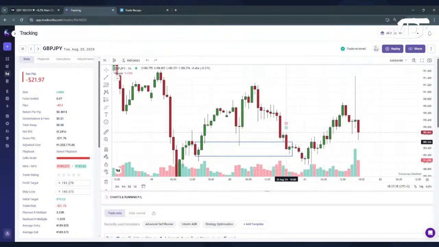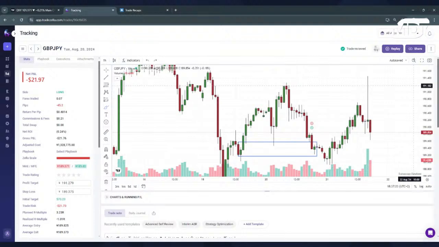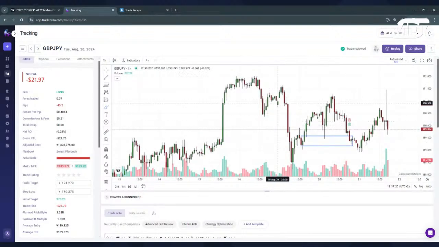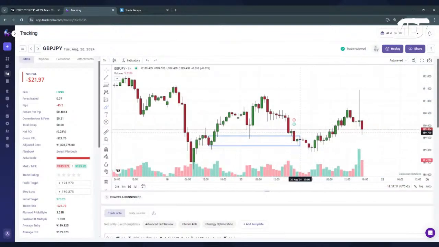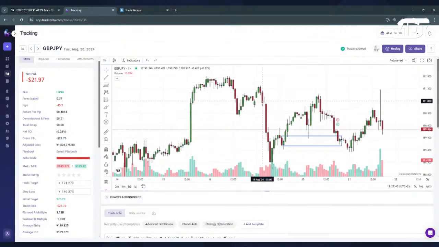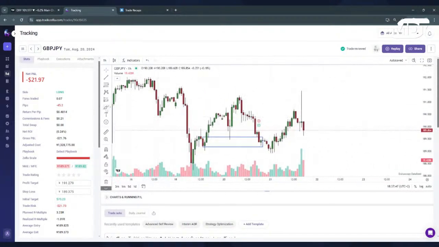So I think the entry was just a bit premature, in that it was arguably a bit range bound here, trading between this sort of wedge. But the conversation is the same as the previous. We had the 4 hour order blocks, and we were within this 1 hour range, targeting the downside. We had taken out this low here.